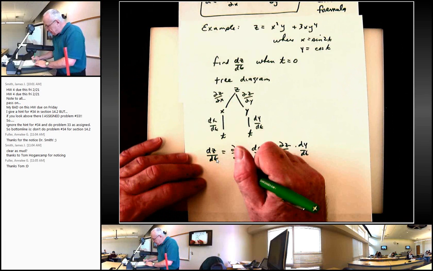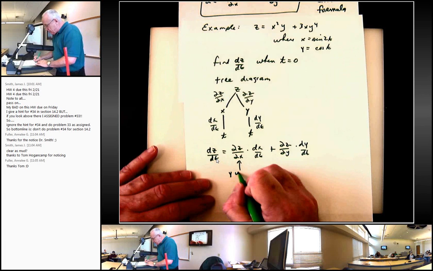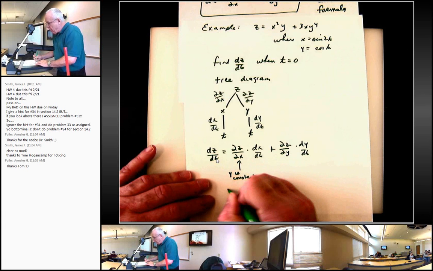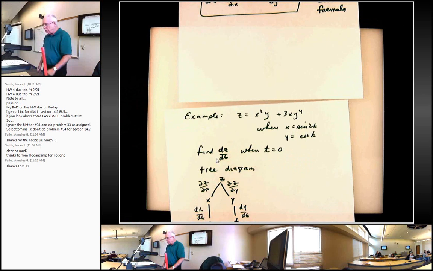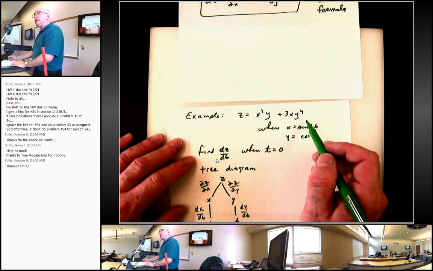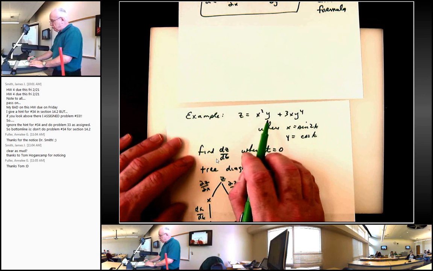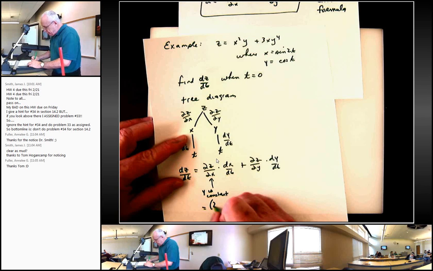Okay, this one here, ∂z/∂x, y is going to be constant. So here's our function, y is constant, derivative with respect to x. So what are we going to have? The first term is going to be 2xy. Let me use parentheses here.